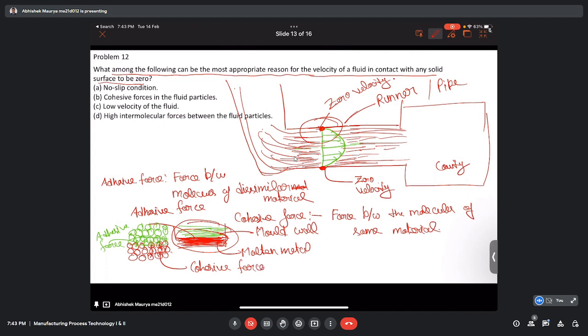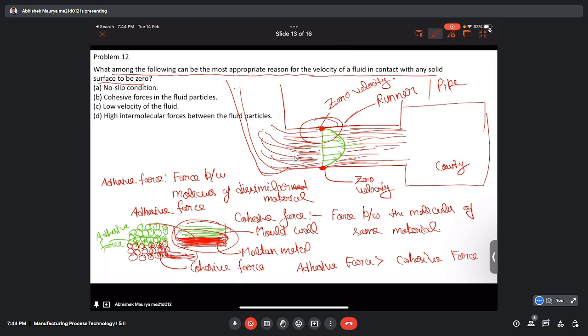If the adhesive force is higher than the cohesive force, then what will happen? The flowing molecules will not be able to drag the molecules which are already bonded with the mold walls. So if adhesive force is greater than cohesive force, then the molecules very close to the mold wall will stick to the mold wall and will not move, whereas the molecules of the molten metal will keep on moving.